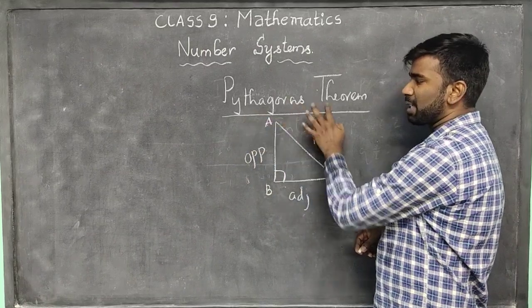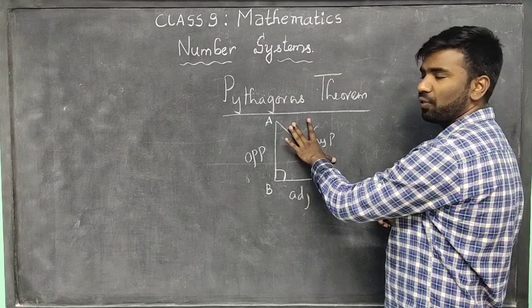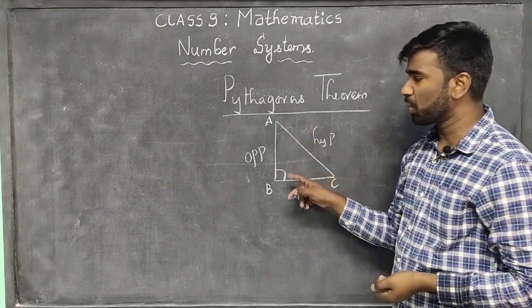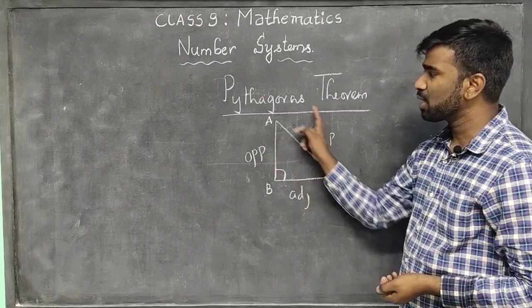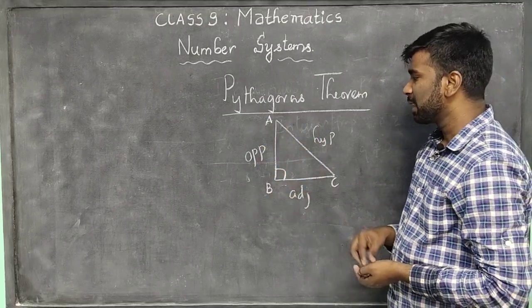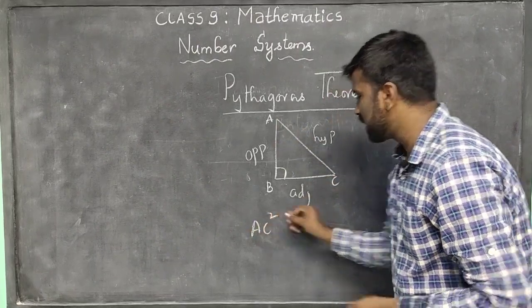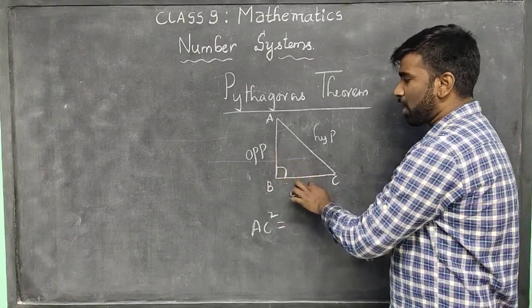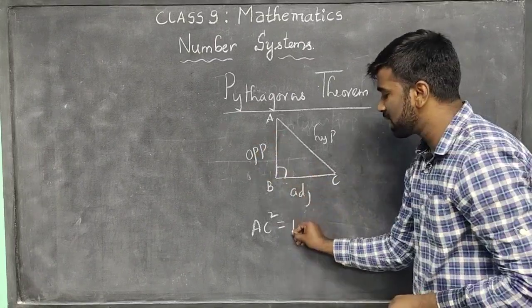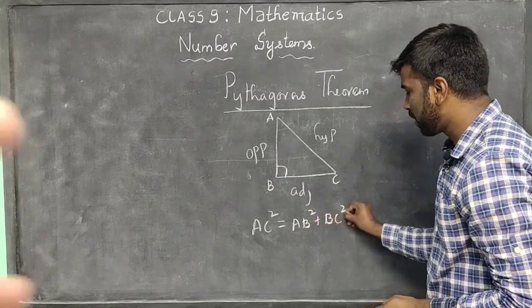The Pythagoras theorem says that the square of the hypotenuse is equal to the sum of squares of the other two sides. That is, AC square equals the sum of squares of the other two sides, AB square plus BC square.